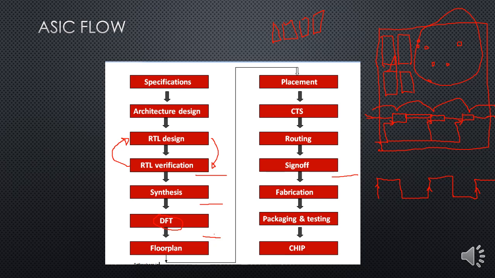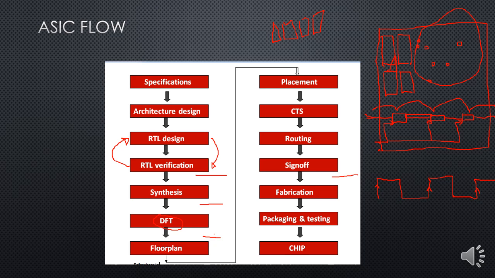As I said, the packaging and testing team will be there. In the fabrication itself, the DFT logic which we have used will be used here, and it will be tested. Whatever is working will be shipped, and the other ones will be discarded there itself. Then we send that to the packaging and testing team.